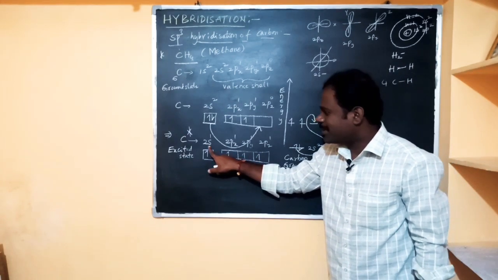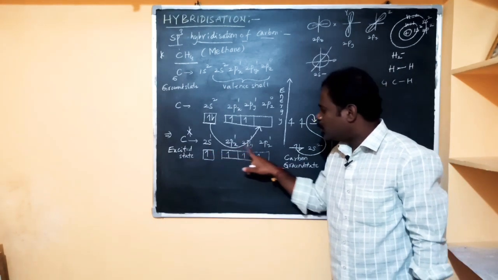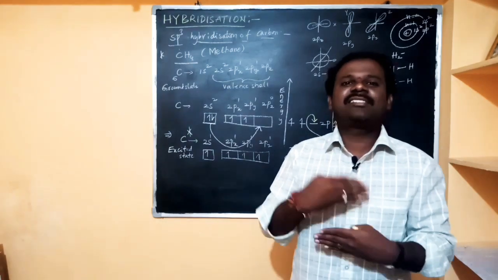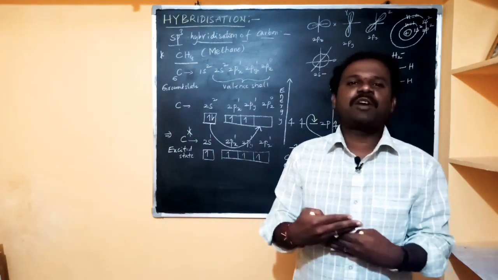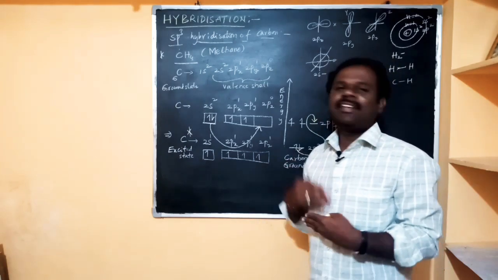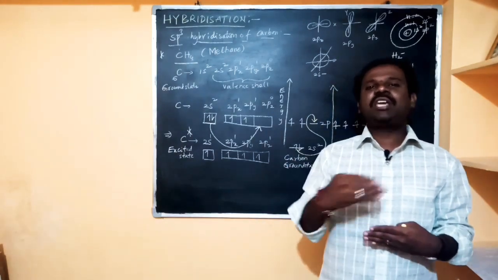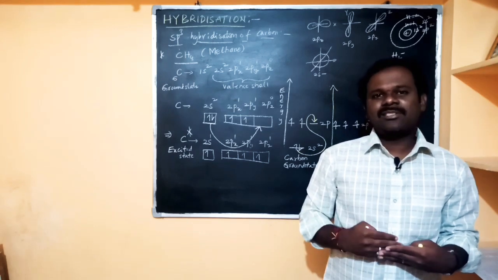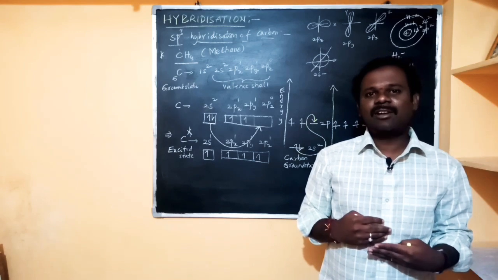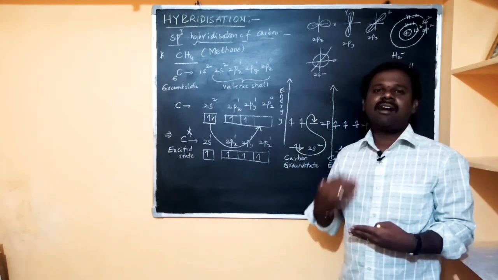The pure 2s orbital and pure 2p orbitals mix with each other for the formation of a new set of orbitals which are equal in energy and equal in shape, which are called hybridized orbitals. Which are called what? Hybridized orbitals.